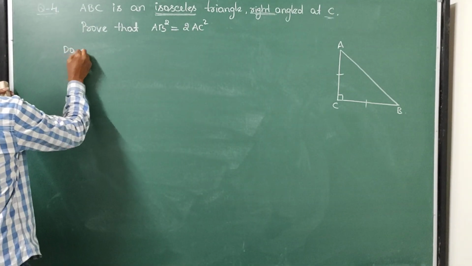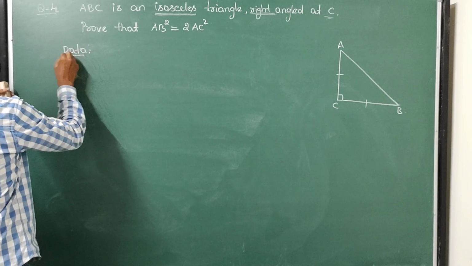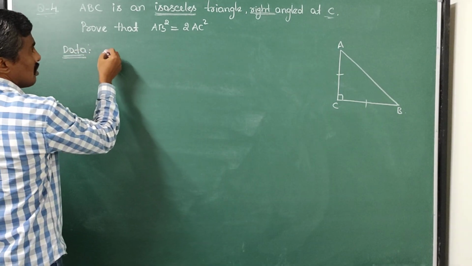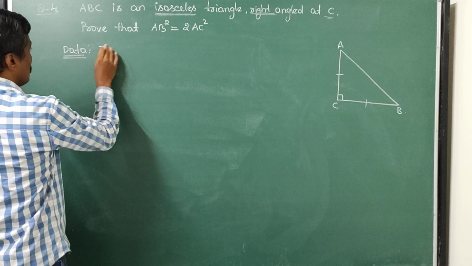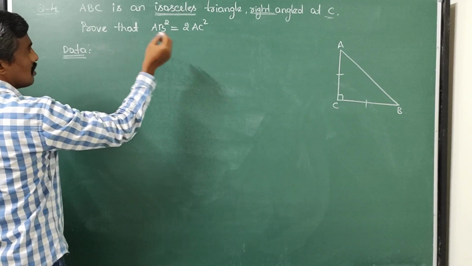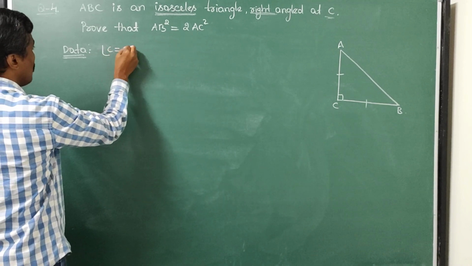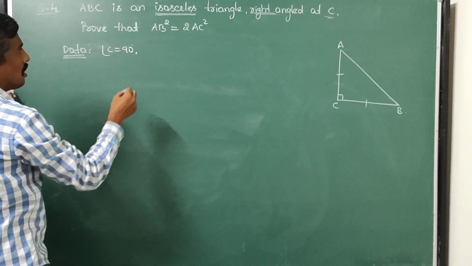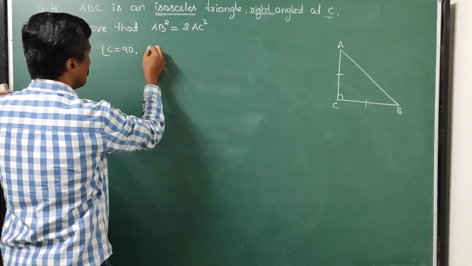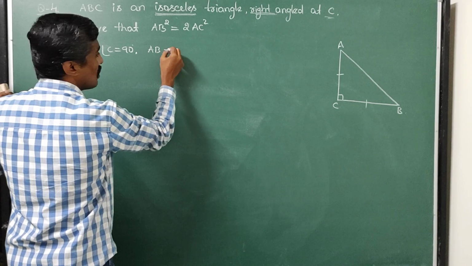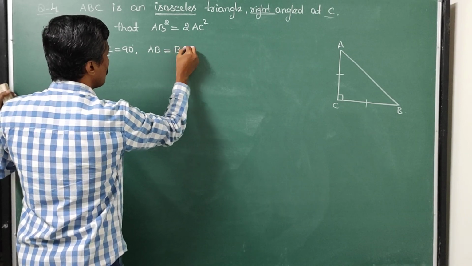So data: ABC is an isosceles triangle, angle C is equal to 90 degrees, isosceles triangle. So therefore AC and BC are equal.